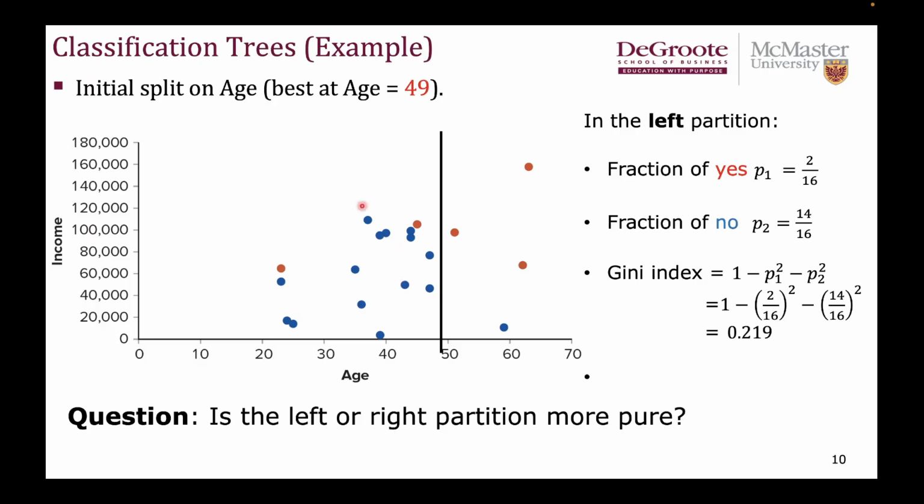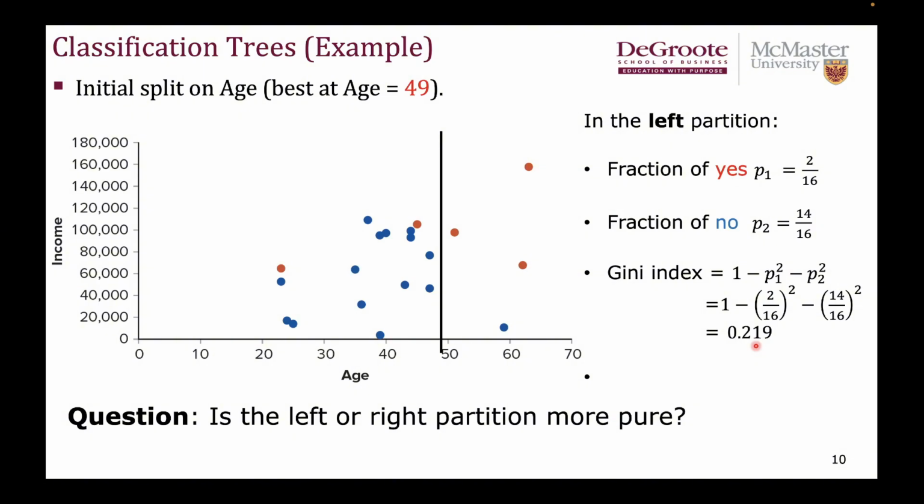And the fraction of no's is 14 out of 16, 14 blue points to the left of the threshold out of the total 16 points. So we know the fractions of yeses and no's, and plug those 2 numbers into the Gini index formula, and then we can easily calculate the value of the Gini index for the left partition to be 0.219.